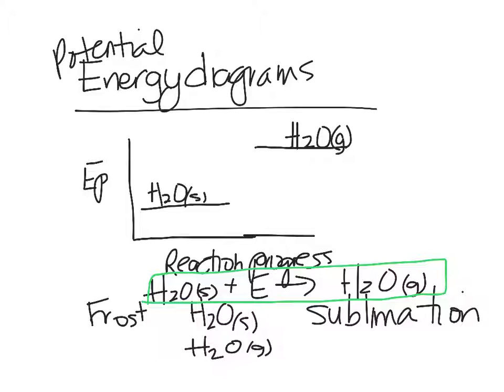Not everybody does it like that. This is a different way to do it. The difference in height here is the enthalpy change to make this happen. Okay? This is the enthalpy change to make this happen.